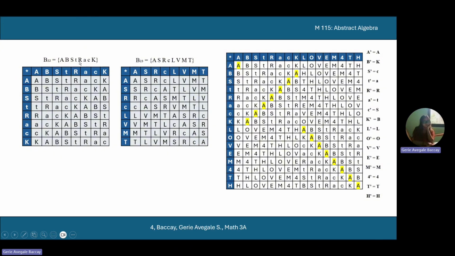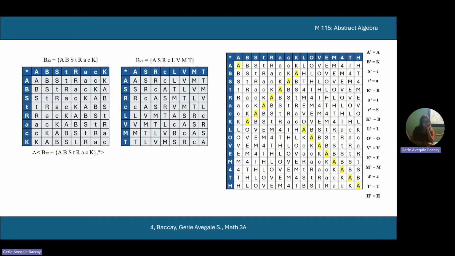And the inverse of R is R, and the inverse of small c is S, which is in the set, and the inverse of K is B. So it satisfies the third condition. That's why B sub 22 is a subgroup.